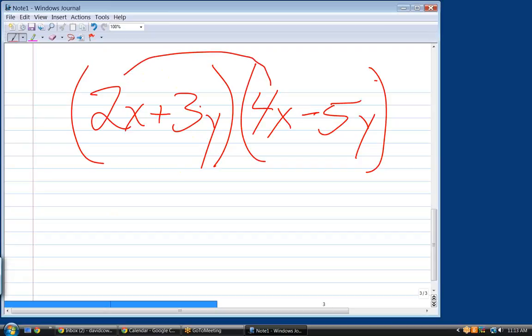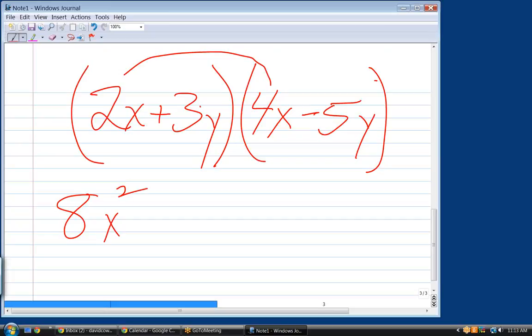That's going to be 8x squared. In other words, I multiply the 2 numbers and I multiply the 2 letters. Now, if I can combine the letters, I'll do so. In other words, x times x, I can make x squared.